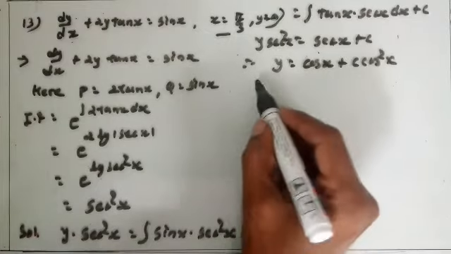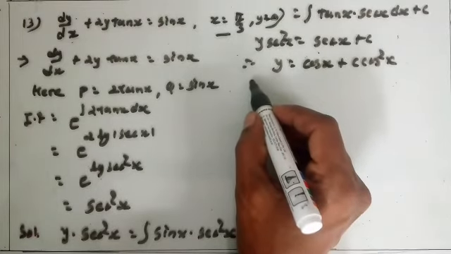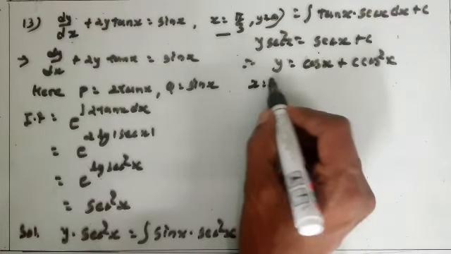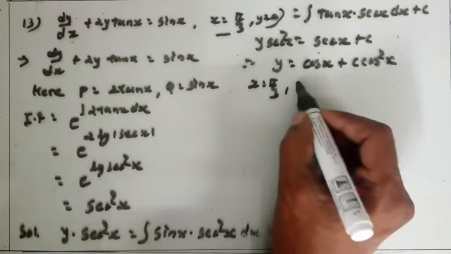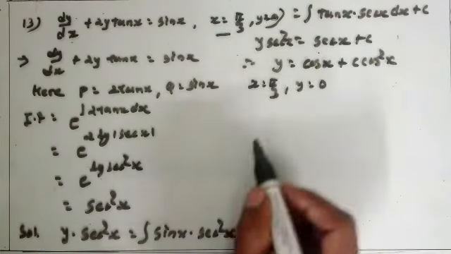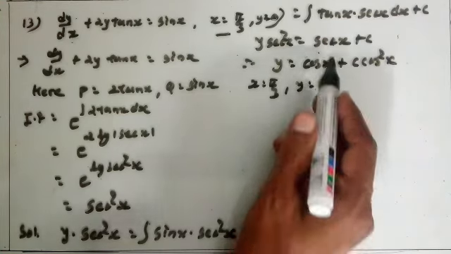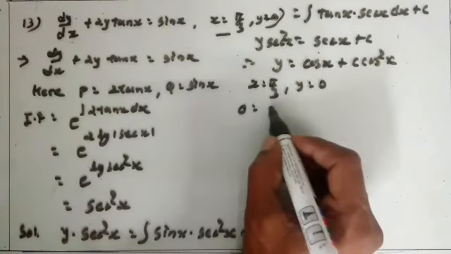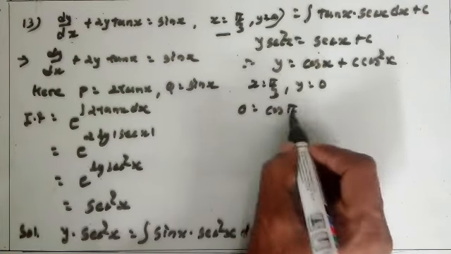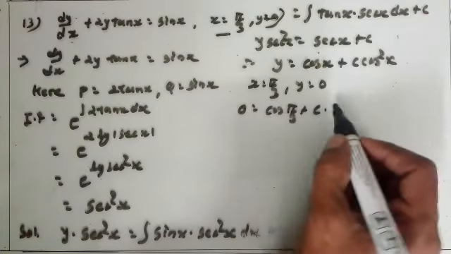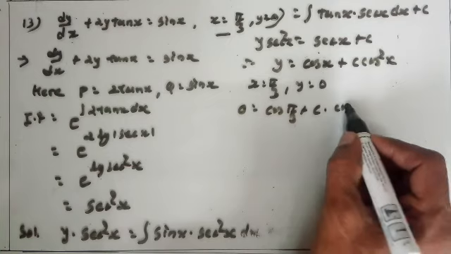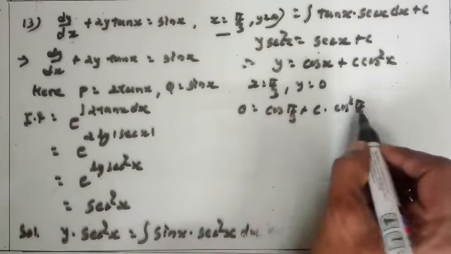Here the initial condition is given: x is equal to pi by 3, then y is equal to 0. Replace x by pi by 3 and y by 0. We get 0 is equal to cos pi by 3 plus c into cos square pi by 3.